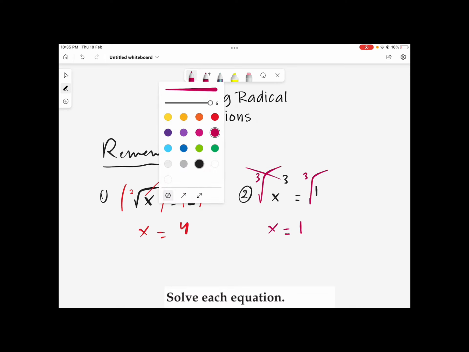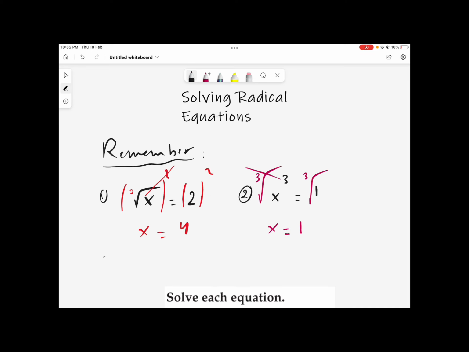The third thing I need you to remember is how do we expand a bracket to the power of 2? There are two ways. The direct one depends on the rule, and the second way is to write (x minus 3) to the power of 2 as the product of two brackets.